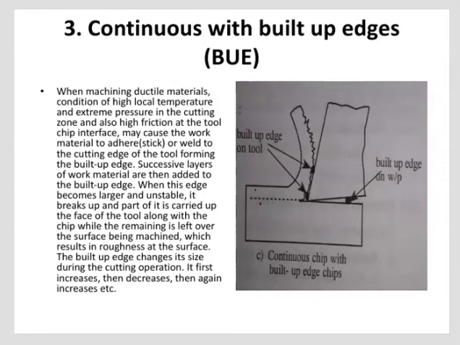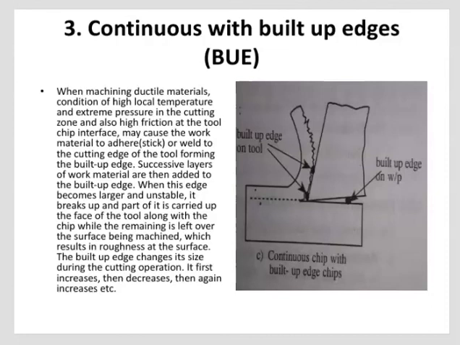Third one is continuous with the built up edges. When machining ductile materials, conditions of high local temperature and extreme pressure in the cutting zone and also high friction at the tool chip interface may cause the work material to adhere or stick or weld to the cutting edge of the tool, forming the built up edge. Successive layers of work material are then added to the built up edge.